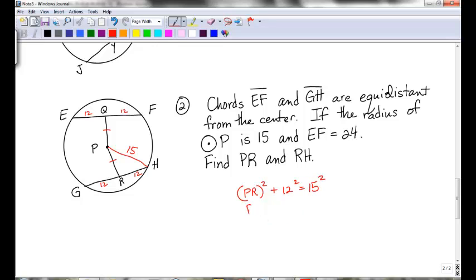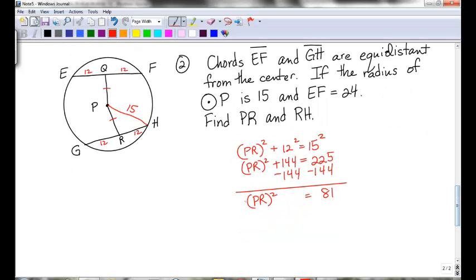So PR squared plus 144 equals 225, subtract 144. 81, you agree with that? And then take the square root of both sides. PR equals 9. So we had two answers there. RH is 12.